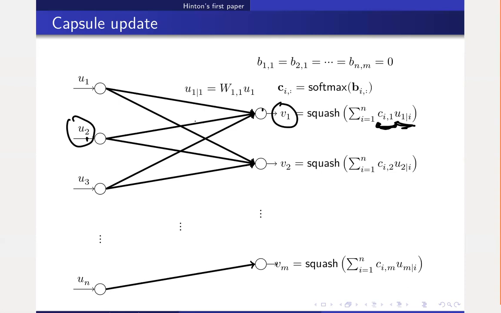But then, after I estimate this, I have this V here. Now I can see whether this V matches well with each of these U here, right?